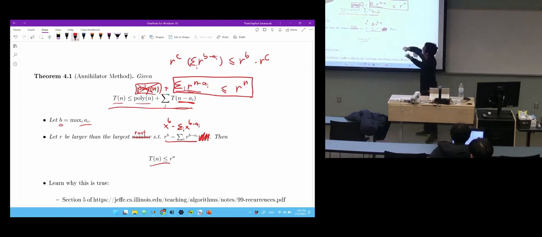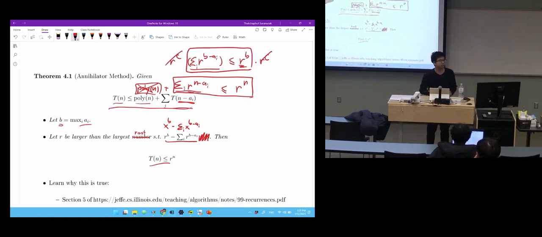Just factor something out and this cancels out. So you want to find R such that this is true. What is the smallest R such that this is true?